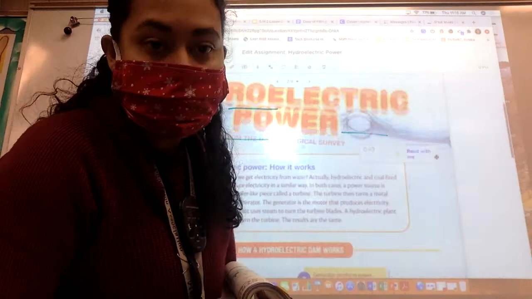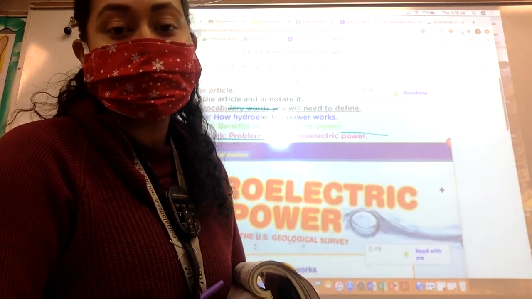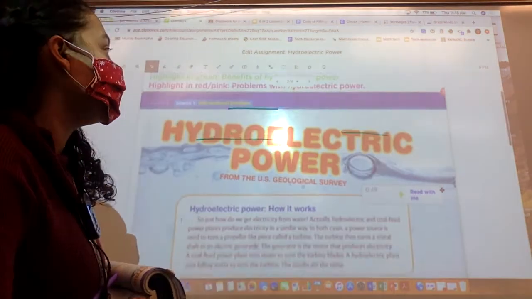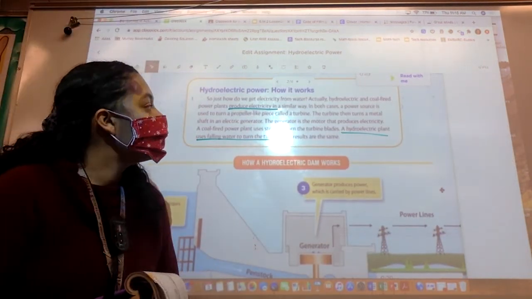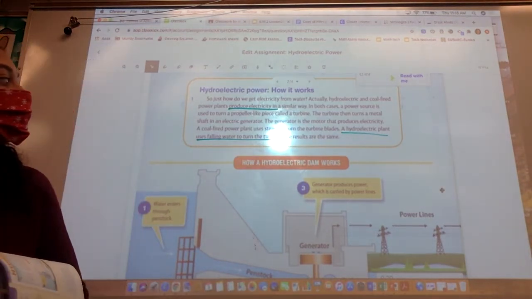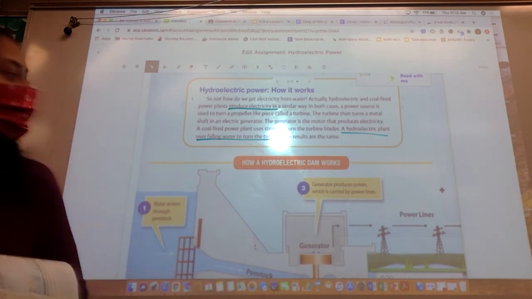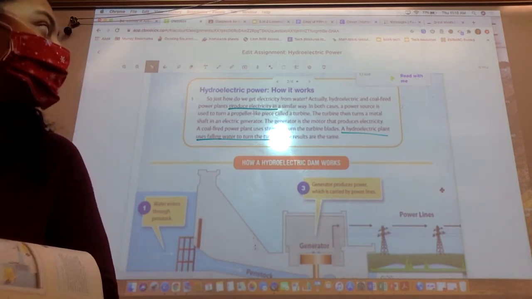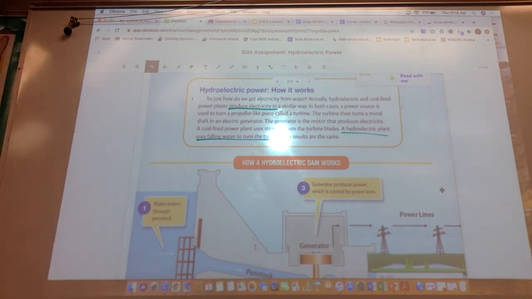Okay, so now highlight in red or pink problems with hydroelectric power. I don't think we came across any problems. What about this? Let me get a different color. Have we come across any problems?